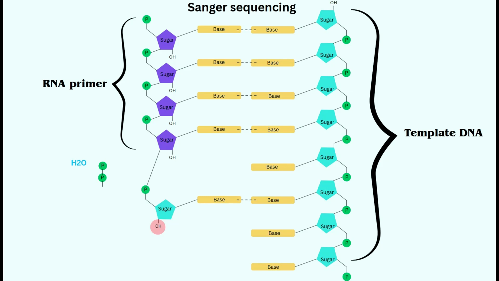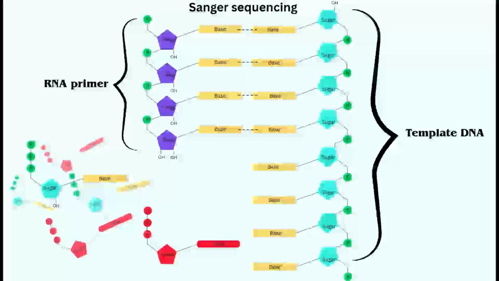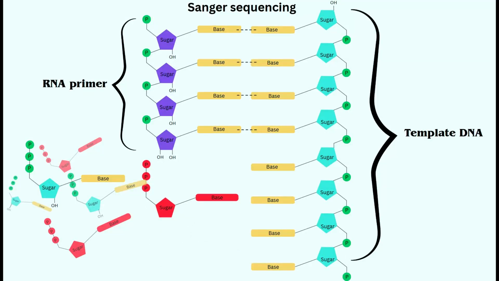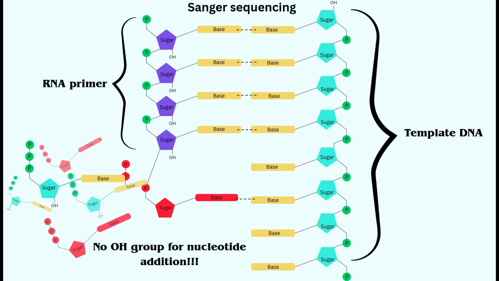The modern method of Sanger sequencing provides the replication complex with a blend of normal nucleotides and dideoxynucleotide triphosphates, or ddNTPs, which have lost their OH and are also fluorescently tagged. Whenever a ddNTP is incorporated into the chain, it will terminate replication.